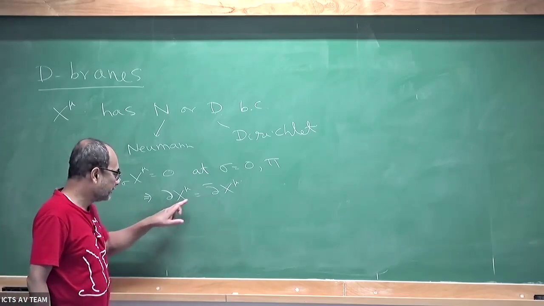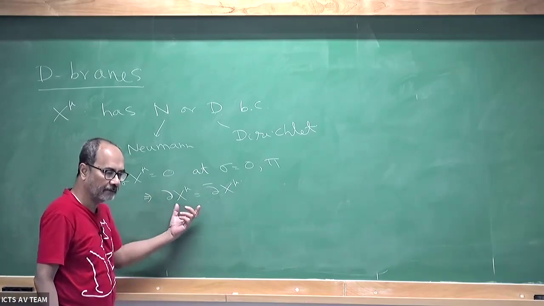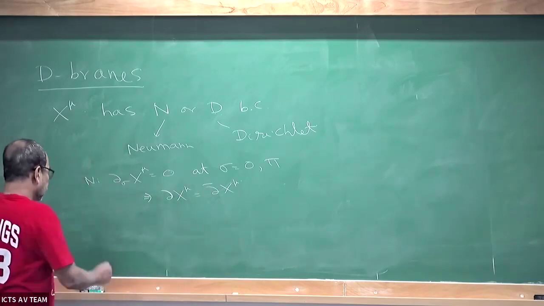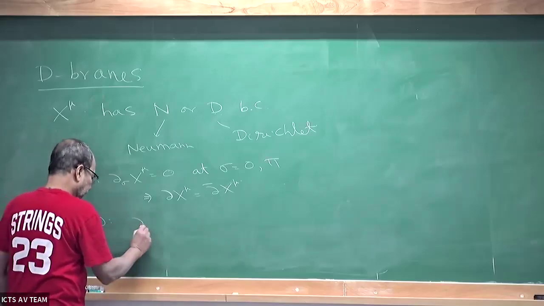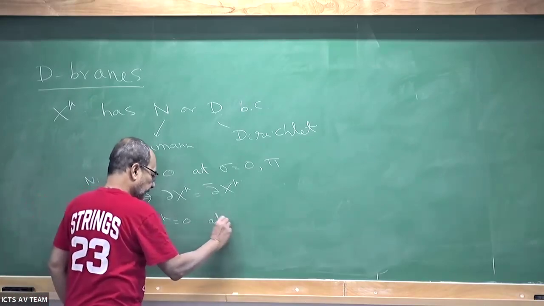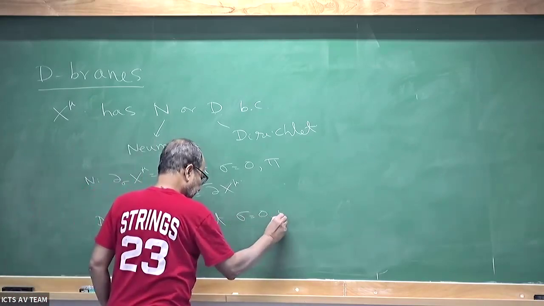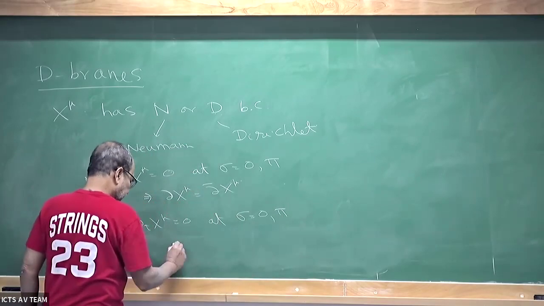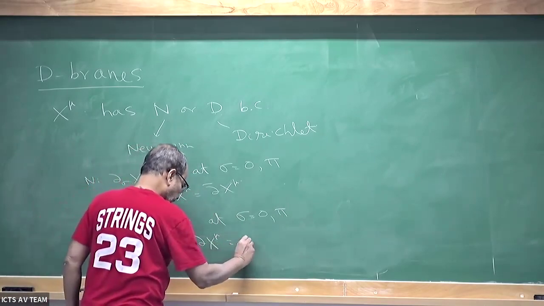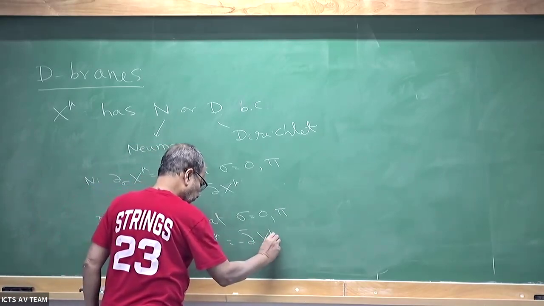So del X^mu minus del bar X^mu will involve del_sigma X. And that you are setting equal to 0. Dirichlet, on the other hand, corresponds to del_tau X^mu equal to 0 at sigma equal to 0, pi.